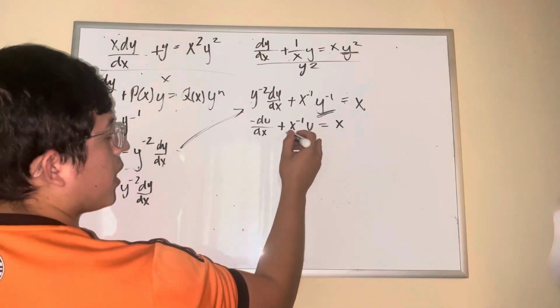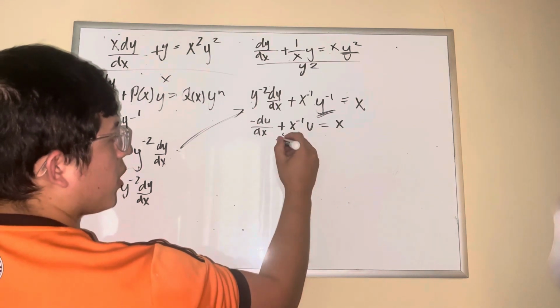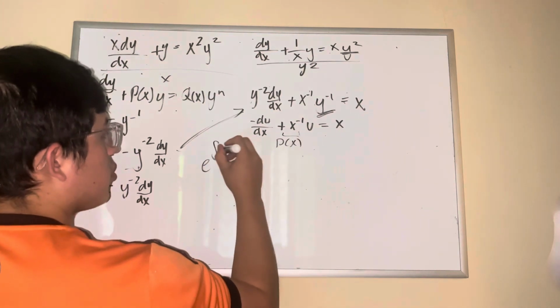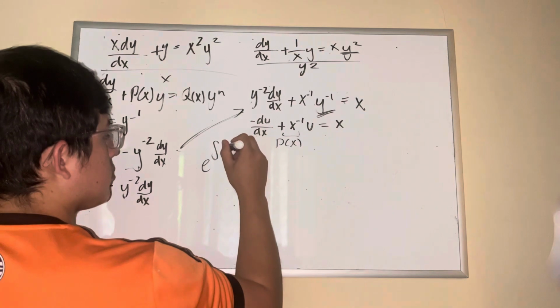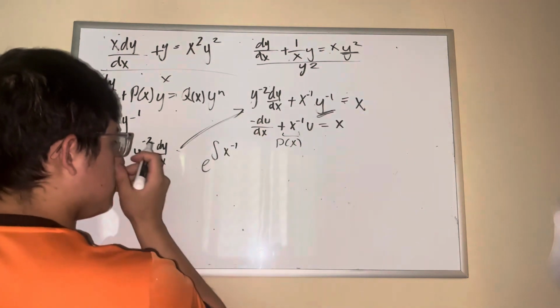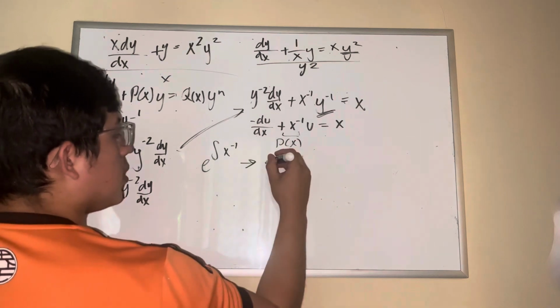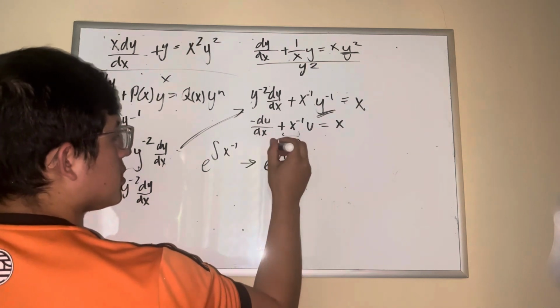So our integrating factor, our p of x, is this term right here. We get e to the integral of x to the negative 1, so that becomes e to the natural log of x.